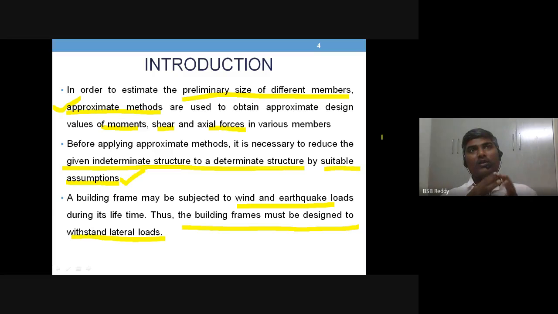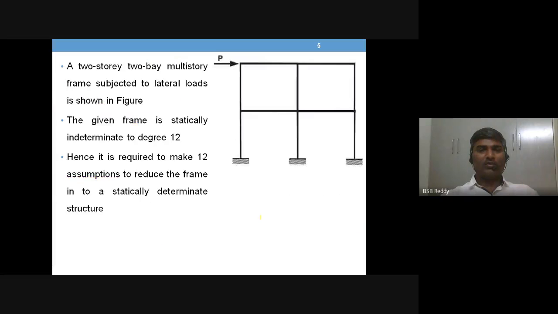When you are making some assumptions, it means you are simplifying the analysis. That's a well-known fact. Whenever there are assumptions involved, your analysis becomes much simpler. This is how we are able to do it.